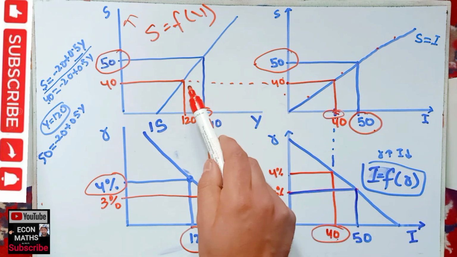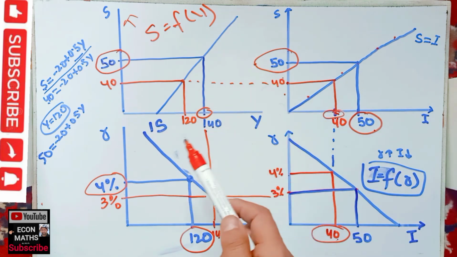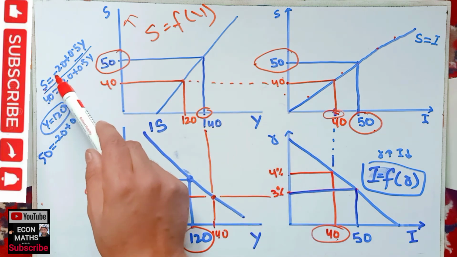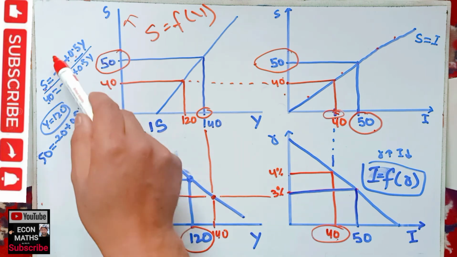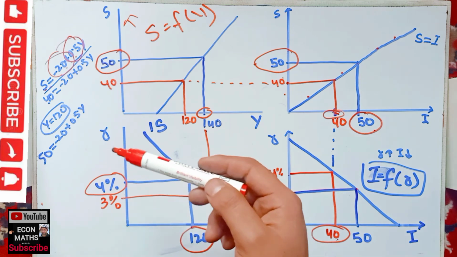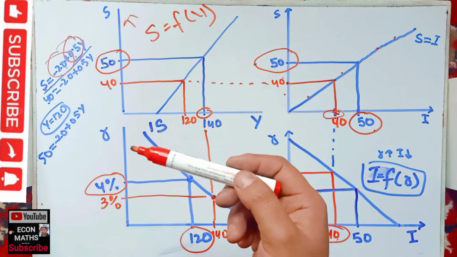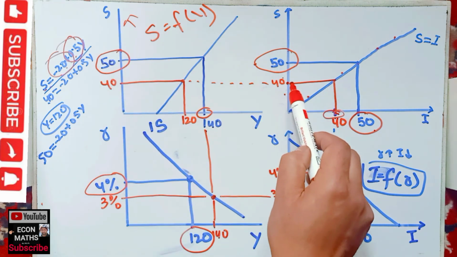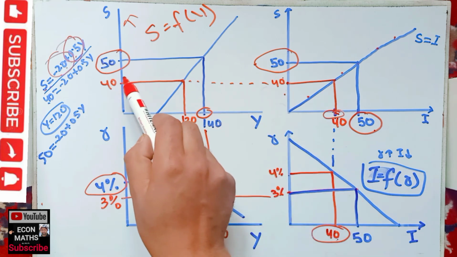On the third graph, we take the savings function. Saving is a function of income, and the relationship we have shown is S = -20 + 0.5Y, where -20 is the autonomous savings and 0.5 is the marginal propensity to save. On the vertical axis, we take savings. Our savings was 40 here, so we take this very point, 40.